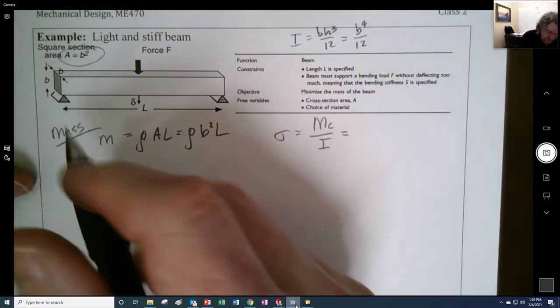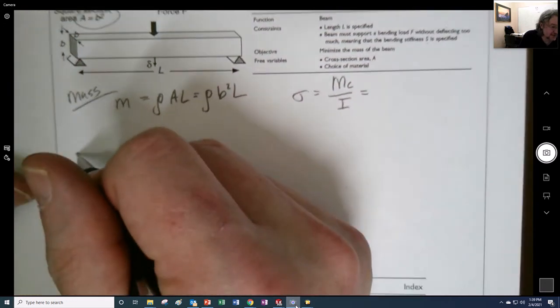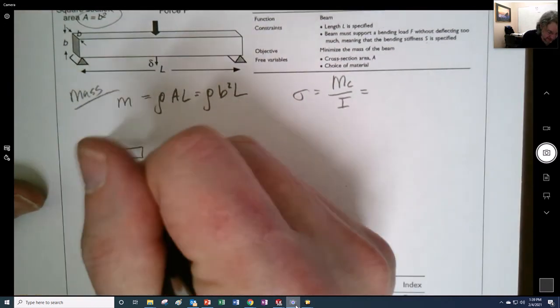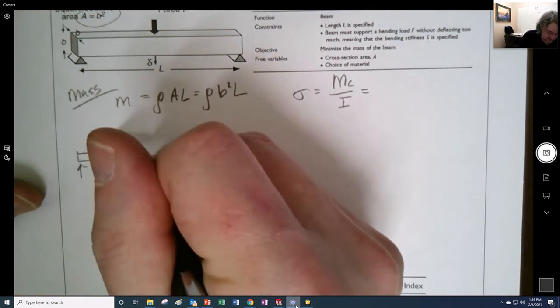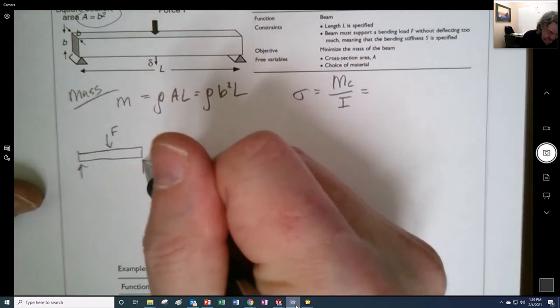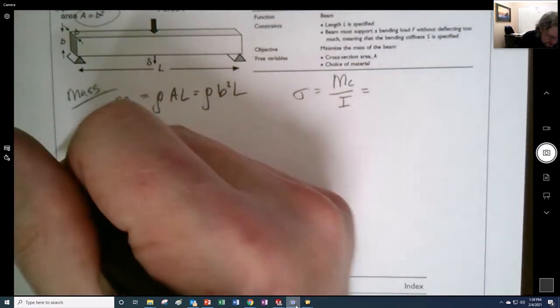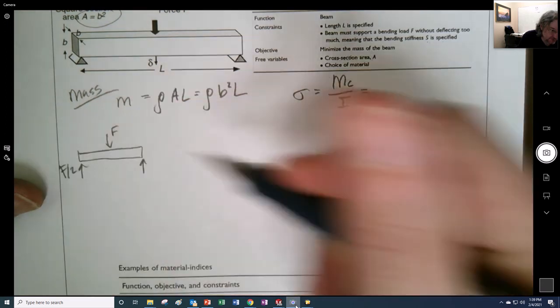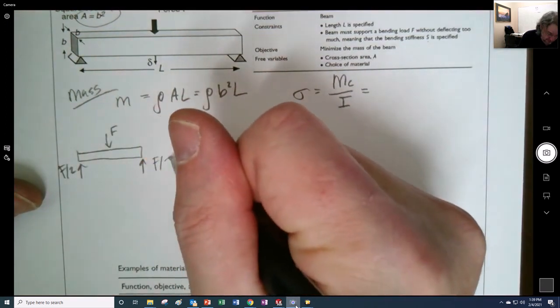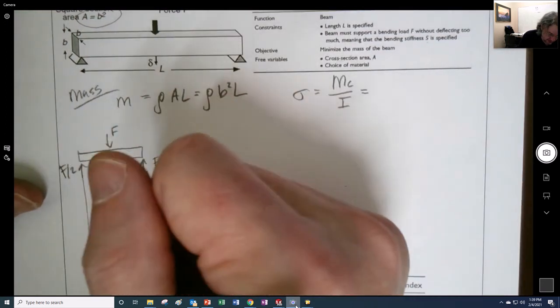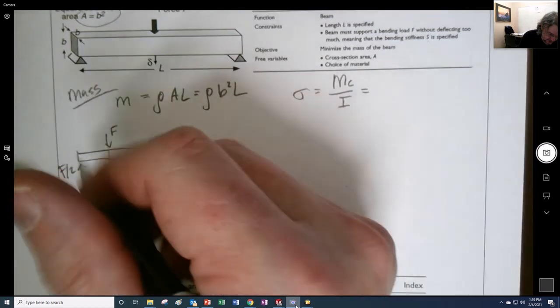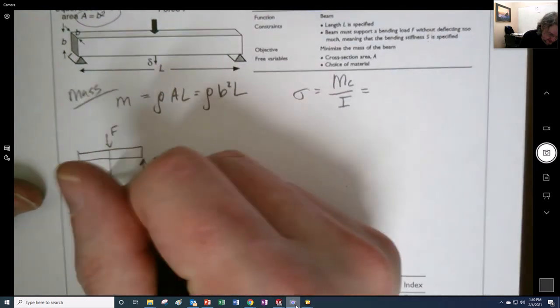And if we go ahead and do a free body diagram and reactions, here's our F. And we know that the reactions are going to be F over 2 and F over 2. And the shear moment diagram, we get this right here.